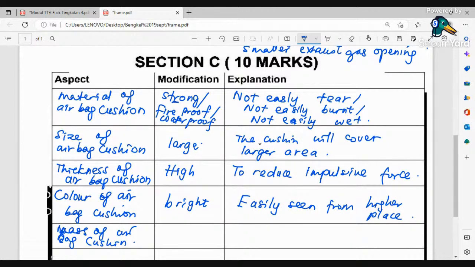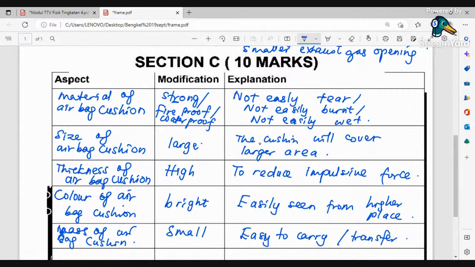Okay. Mass of the airbag cushion must be small. Okay. So easy to carry or easy to transfer pun boleh. Okay, so you nampak tak?